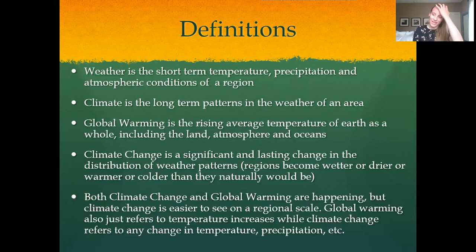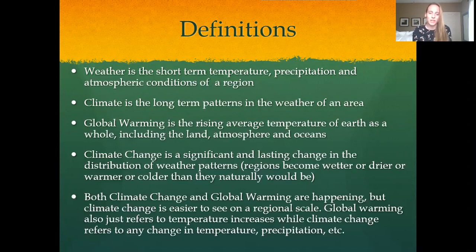And so because some people weren't believing in global warming just because their small little area of the Earth wasn't warming, we have kind of moved away from talking about it in terms of global warming and now talk about it in terms of climate change. So climate change is a significant and lasting change in the distribution of weather patterns.